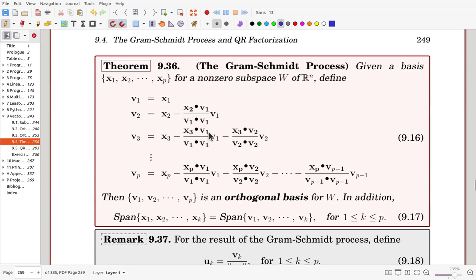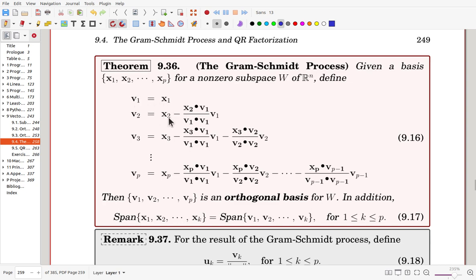Now we'll generalize that idea, and that is the Gram-Schmidt process. Given a basis, that means they are linearly independent, for a non-zero subspace W of Rn. We define in this way. From x1, we just define v1.